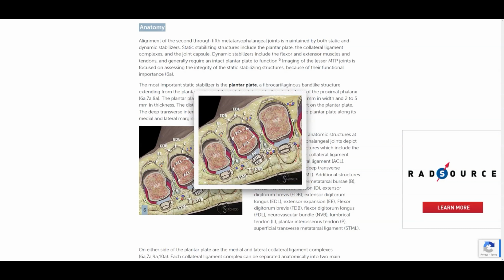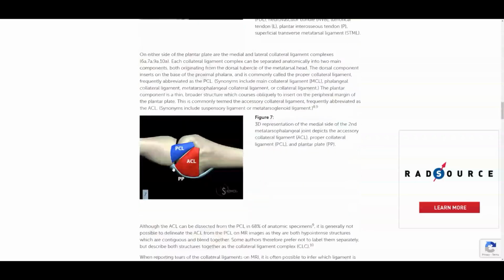That deep transverse intermetatarsal band separating out that region of the flexor tendon from the neurovascular bundle. So these articles and illustrations help us to understand some of the complex anatomy that we are up against when we're trying to understand how the metatarsal ground reactive forces are affecting this entire complex.